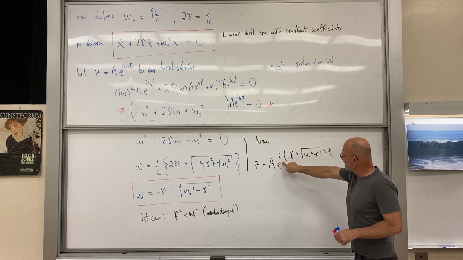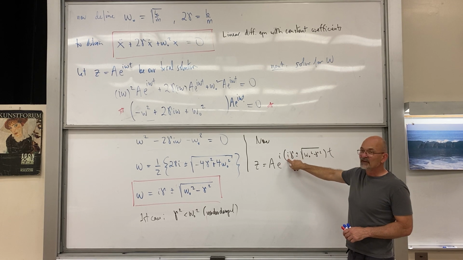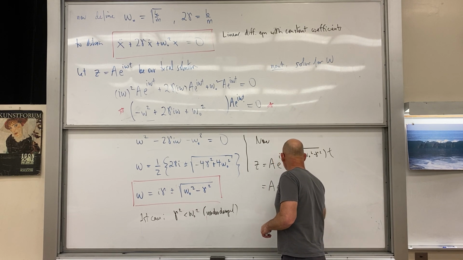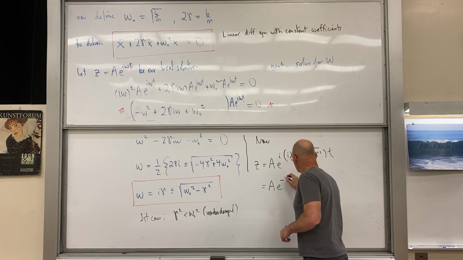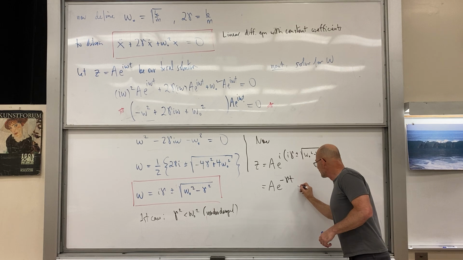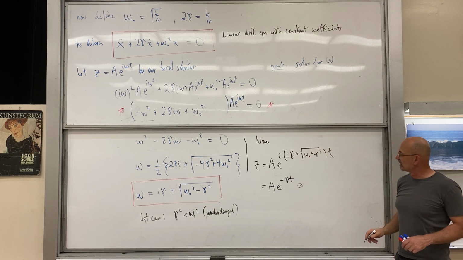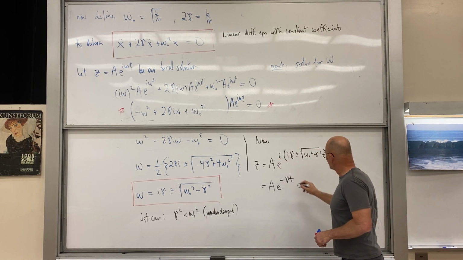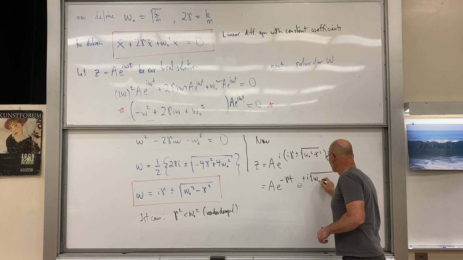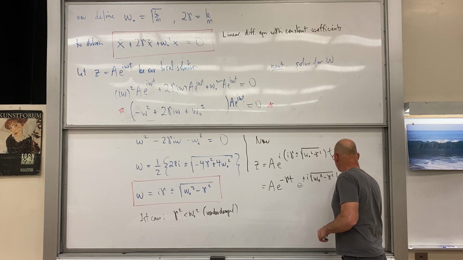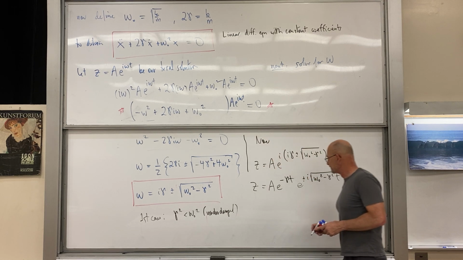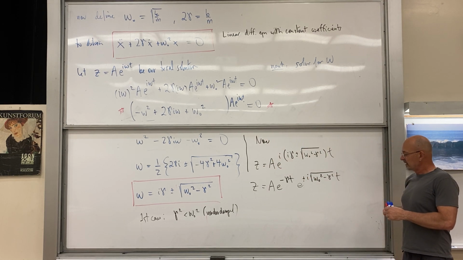So here we have an interesting property. e to the i times the i is minus, right? So we're going to get a e to the minus gamma t right there, and we'll use the multiplicative property of the exponential. The rest is going to be e to the plus or minus i root omega naught squared minus gamma squared times t.